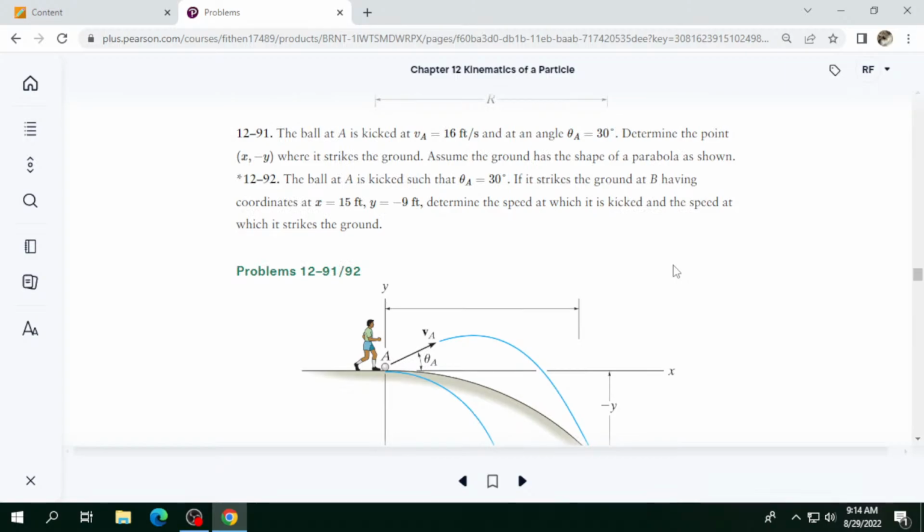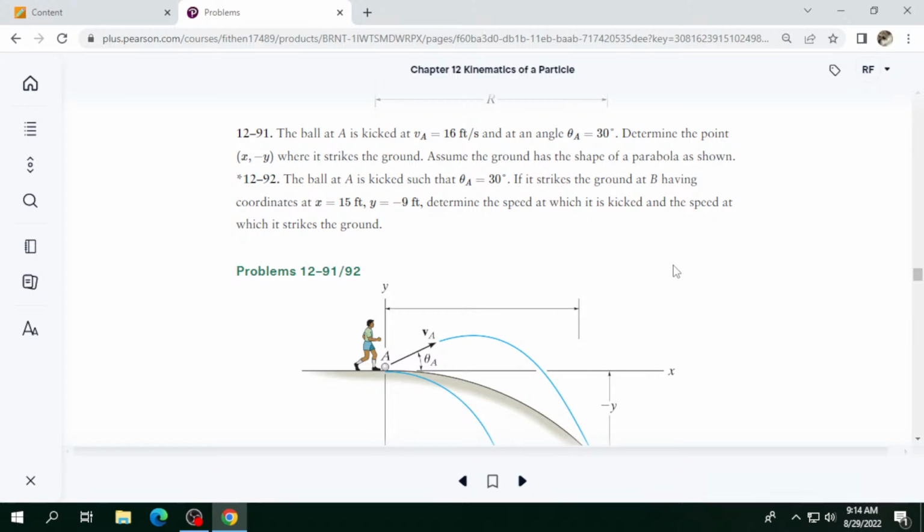And so all I would do is convert this from parametric to that by putting this in. I take the Vy naught over Vx naught t minus 32.2 over 2 t squared. The t is going to be the x divided by Vx naught.